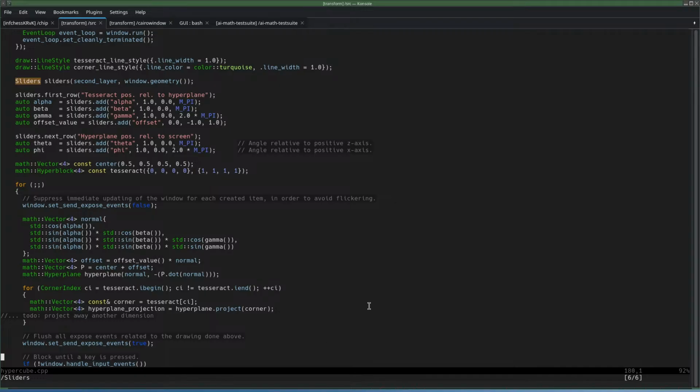My hyperplane is three-dimensional, isn't it? How does it know that it is three-dimensional?